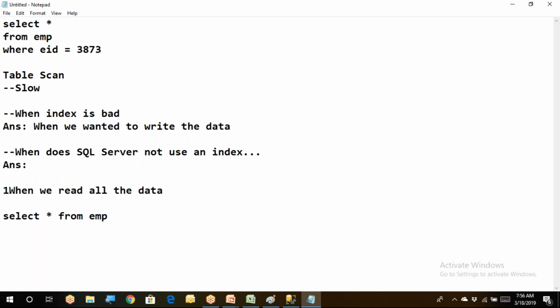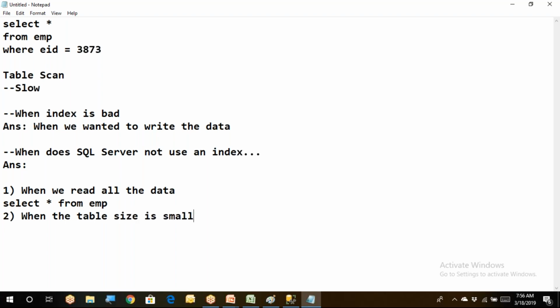The second case, let me talk about now. The second case is when the table size is small. When the table size is small, the indexes are not useful. For example, I have only 1,000 or 10,000 rows in my table, and plus I have a lot of indexes created on that.